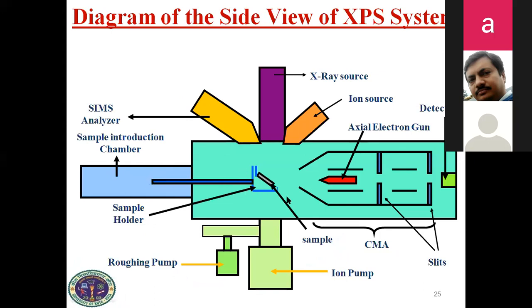The sample is mounted azimuthally at a 45-degree angle to the incident X-ray, so that the X-ray will strike the sample at 45 degrees, and then at a 45-degree angle, the emitted photoelectrons will reach the CMA. You can see this is the CMA, the cylindrical mirror analyzer, or the detector of the XPS spectrum. Then the signal is further amplified by the electronics attached to the system.